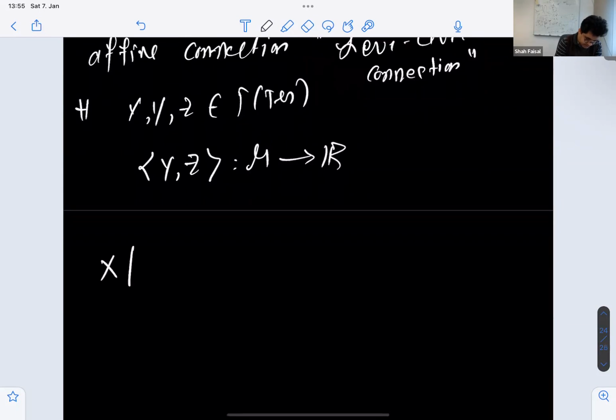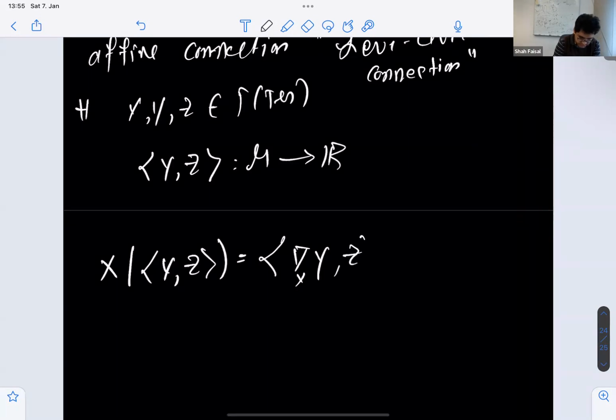Differentiating this smooth function with respect to x should be the same as the derivative of y with respect to x, inner product with z, plus y inner product with the derivative of z. The standard dot product in Euclidean space has this property.